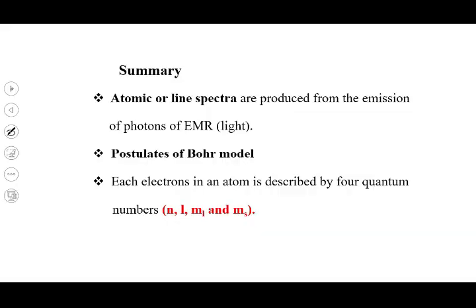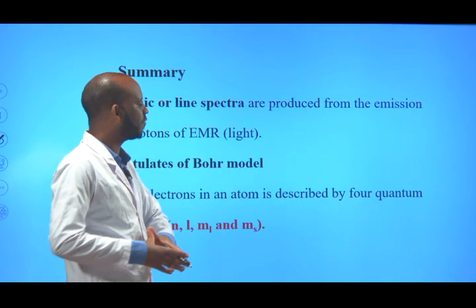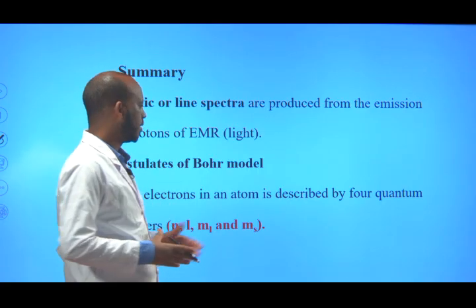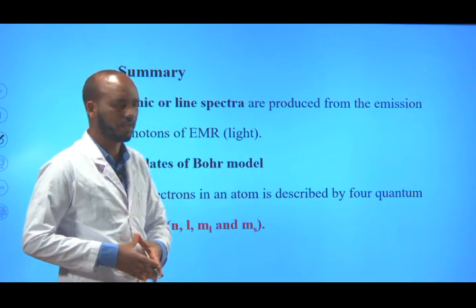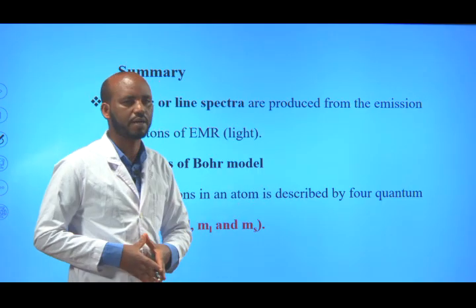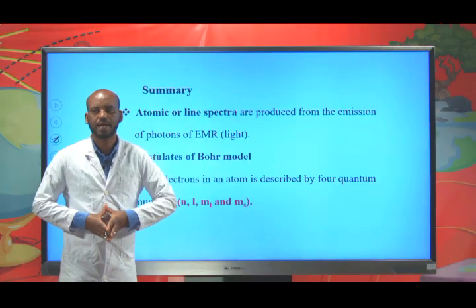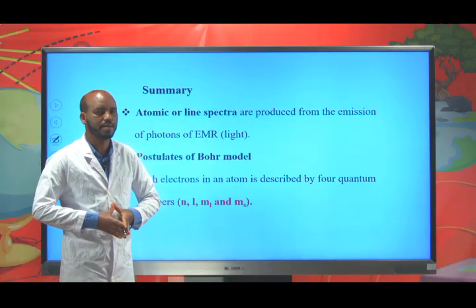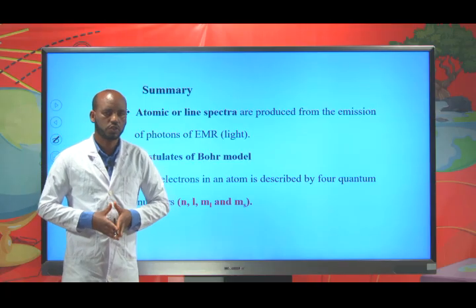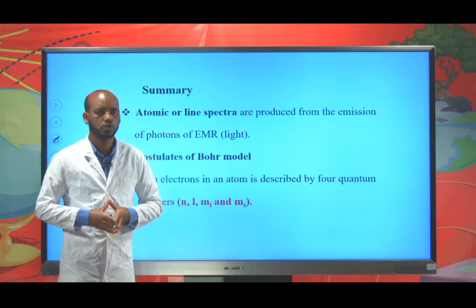We also discussed the postulates of the Bohr model. We discussed the 4 quantum numbers: the principal quantum number, the azimuthal quantum number, the magnetic quantum number, and the spin quantum number. This brings us to the end of today's lesson.